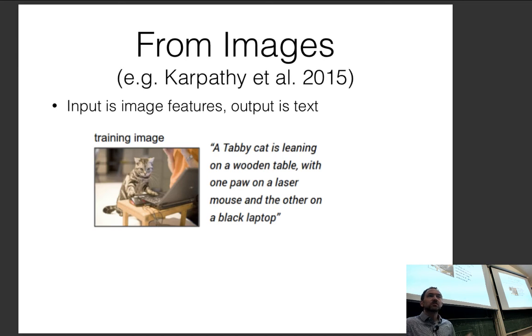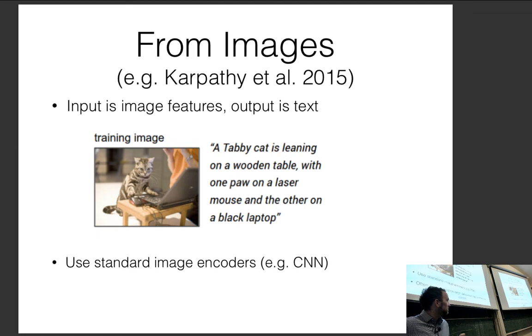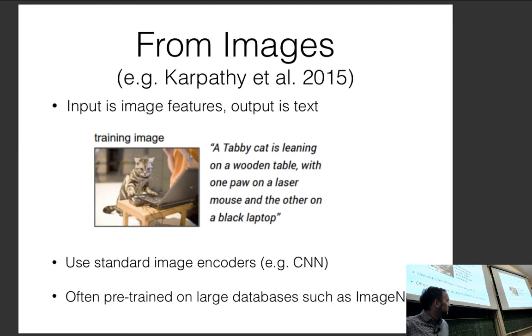And of course, this is super popular right now, generating captions of images or videos. So you take in an image and you want to generate the output. You can use standard image or video encoders that are often pre-trained on large databases such as ImageNet.